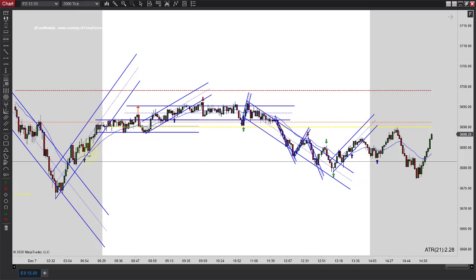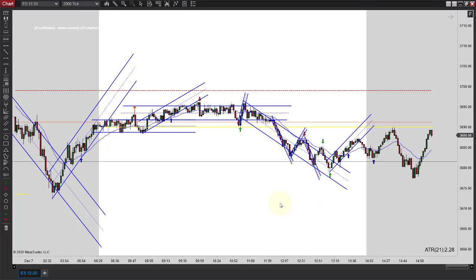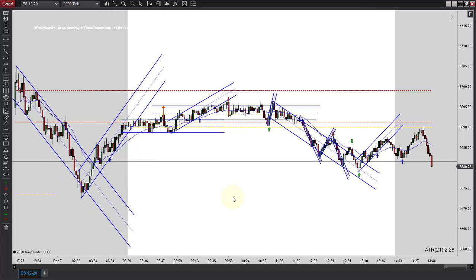Actually, there's 5, and if you count the one after 2, there's 6. Well, there's more than I thought there were. That's still a lot of waiting to do there. And of course you got a couple of green ones. But just not a very good trading day.